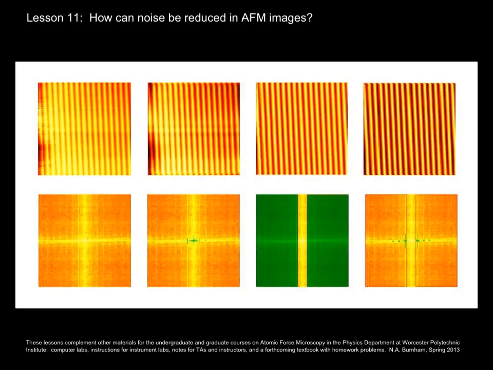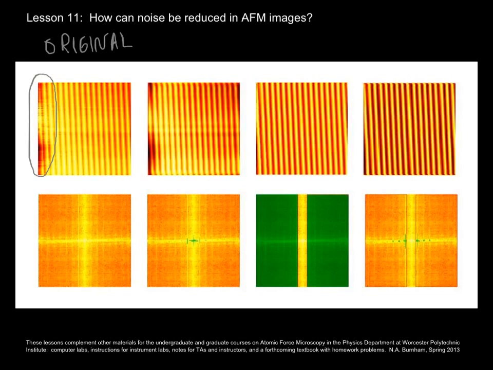Frequency filtering now. In the top row we have real space images, i.e. the topography, and in the bottom row we have the two-dimensional Fourier transforms of those. The original is on the left, so the starting image plus its Fourier transform below, and the problem area here is over on the left-hand side.